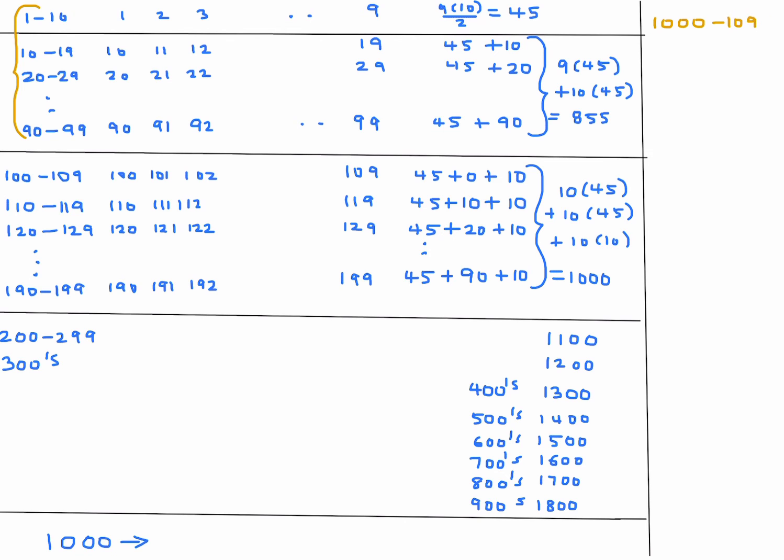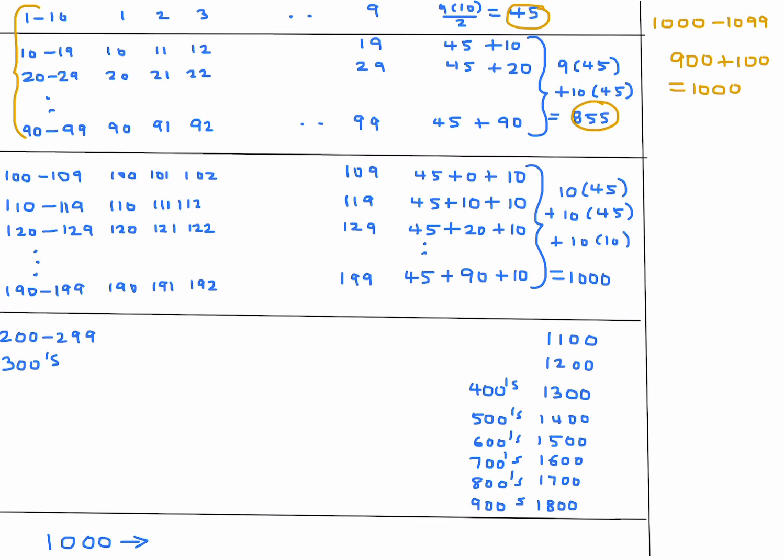So it essentially is the same summation, which in this case was 900, but then you have to consider the fact that every number has a 1 in the 1000th column, and there's 100 of them. So those 100 ones, which total 100, have to be added. So when you're adding the digits from 1000 to 1099, it will equal 1000.